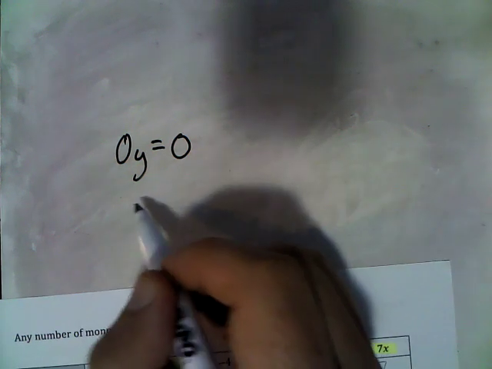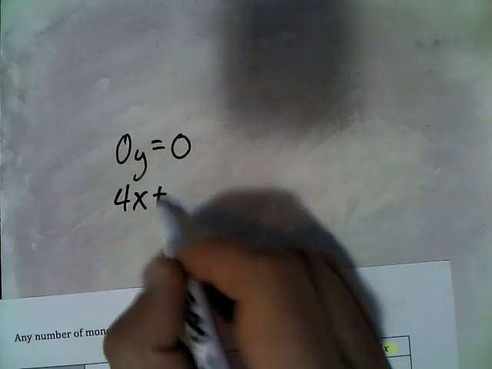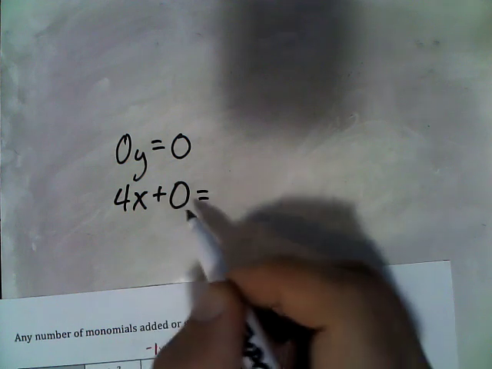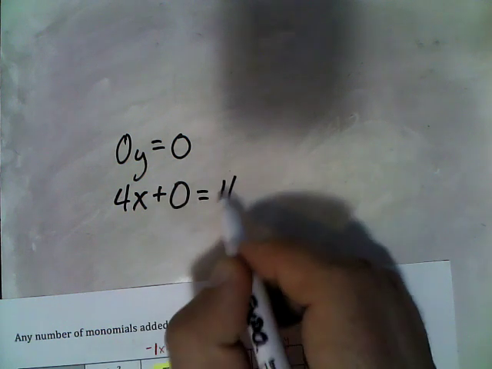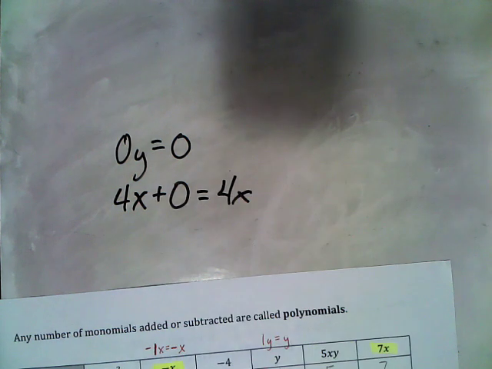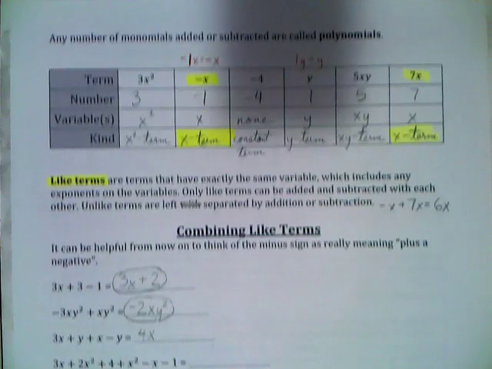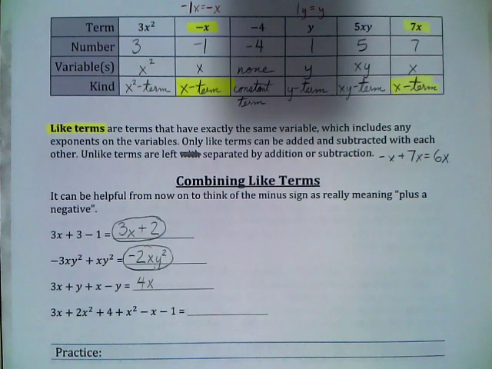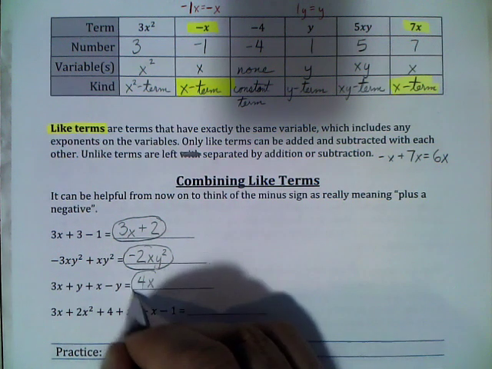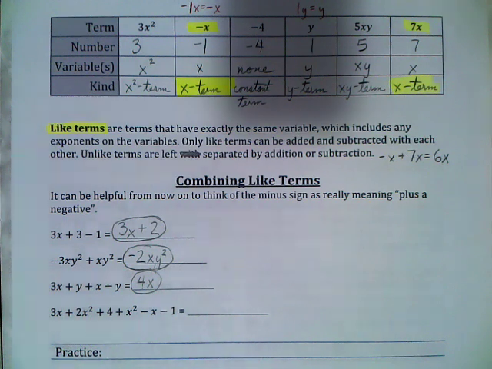And then if I take my 4x and I add on that 0, well, 0 plus anything, the plus 0 just disappears. So when combining like terms, if we ever get a 0, then that term disappears. So this is just 4x.